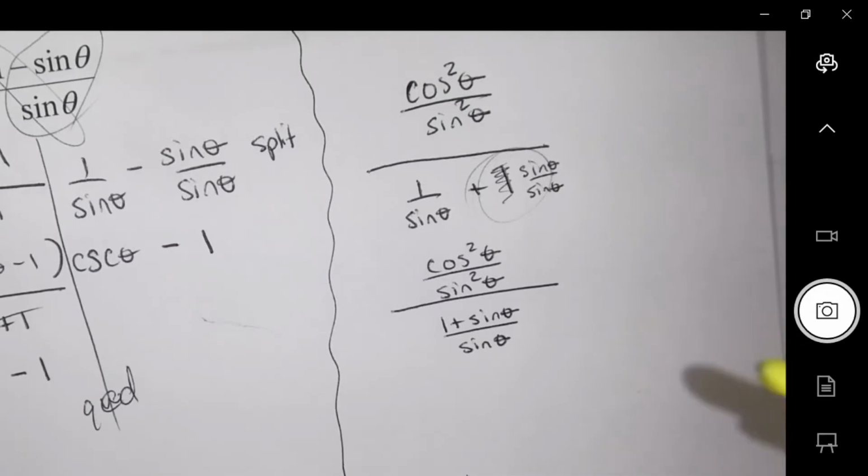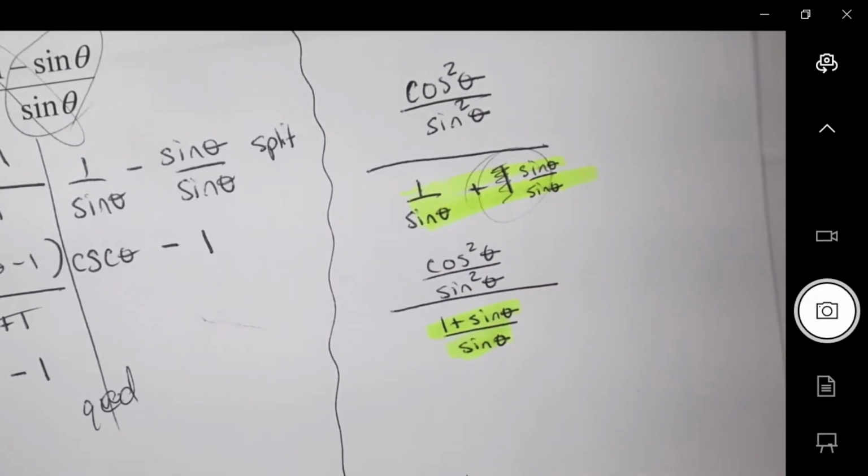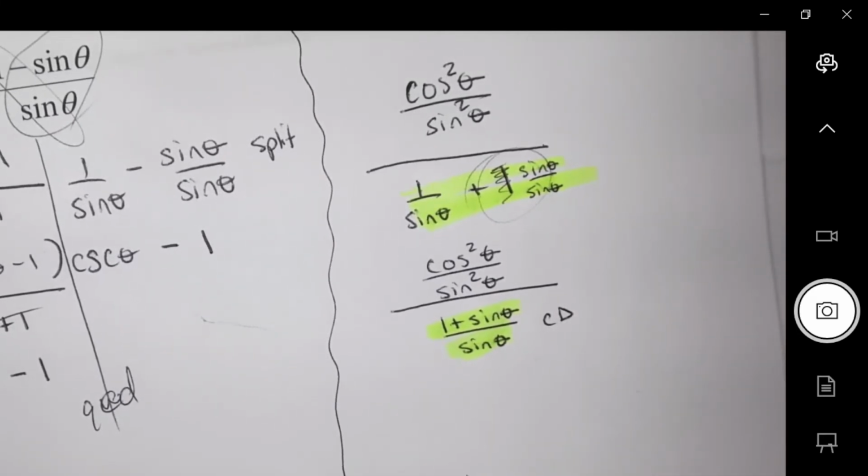Okay, does everyone follow what I did there? I just put that together as one unit with a common denominator. Now I would multiply all that around.